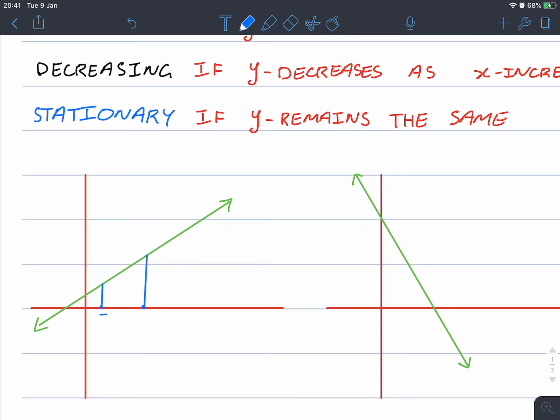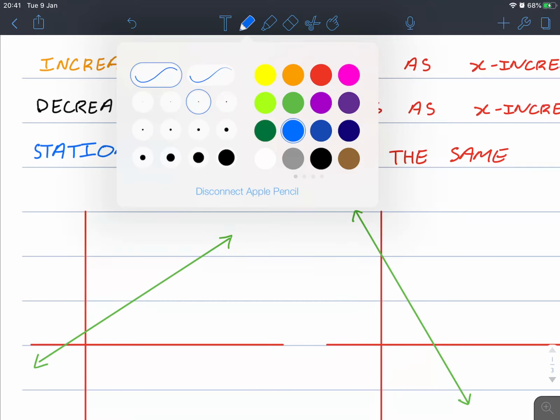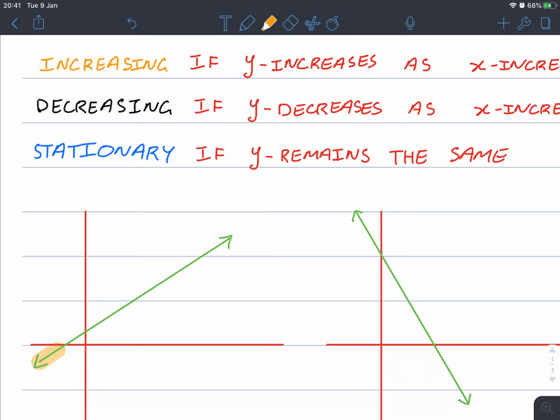Notice how as x has increased here, y has gone up to there. So in this example, this line is always increasing. You've probably seen this in previous math, where this would have a positive gradient, so the line is increasing.